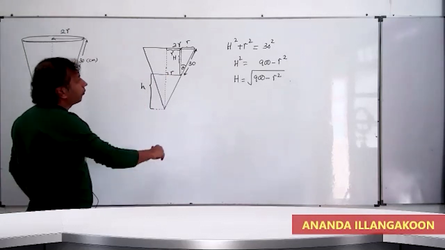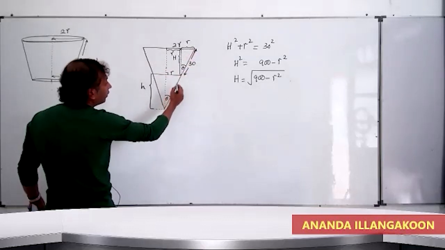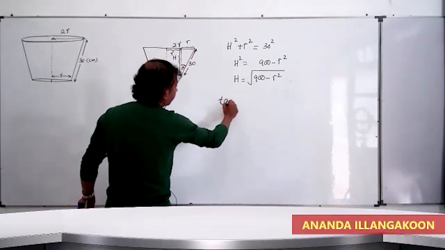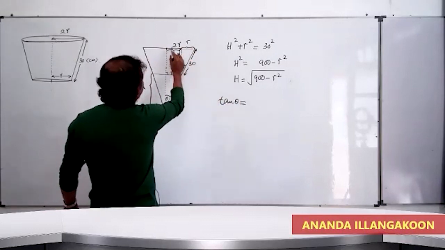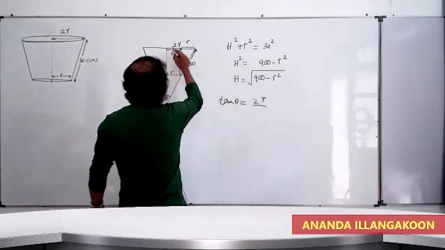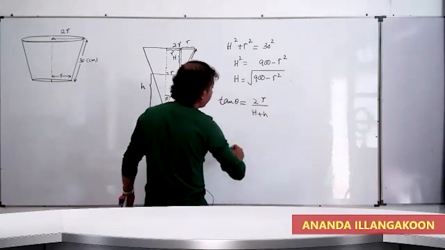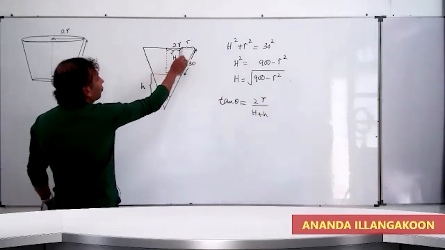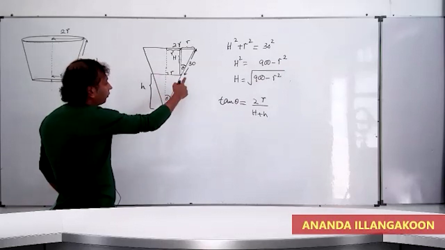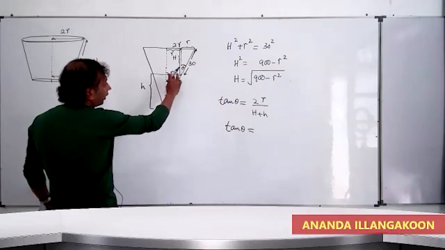Then you can write by this whole triangle. This is theta, this is also theta. Then by the whole triangle, you can write tan theta. What is that? 2r divided by small h plus capital H. Tan theta, no? Opposite by the adjacent, no? H plus h. By this triangle, you can write tan theta is r by h.